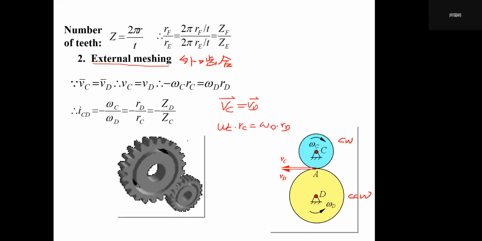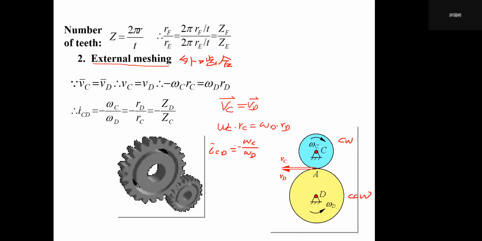So from the same concept, we give ICD equals minus omega C over omega D. You know, we always use the first letter to denote which gear is the active gear. The second one will be passive, 主动轮和从动轮, right? So why do we give a minus sign here?